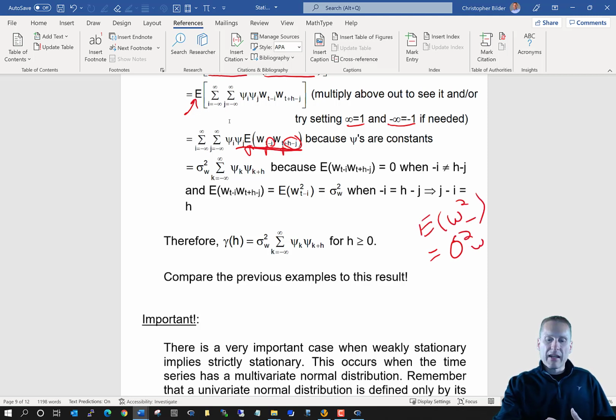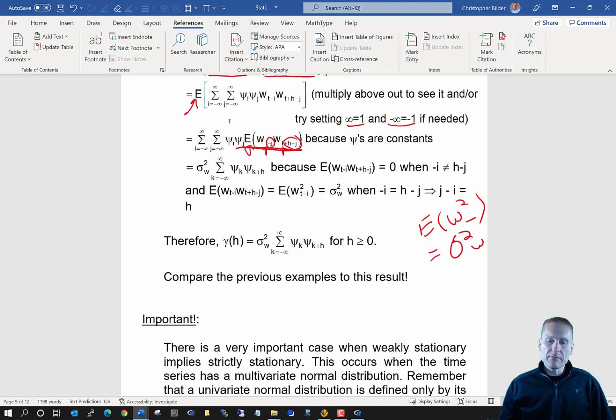Otherwise, if negative i is not equal to h minus j, then I'm going to have two separate expected values of w's, and we know those individual expected values of just a w itself are equal to 0, and so everything else ends up being 0.